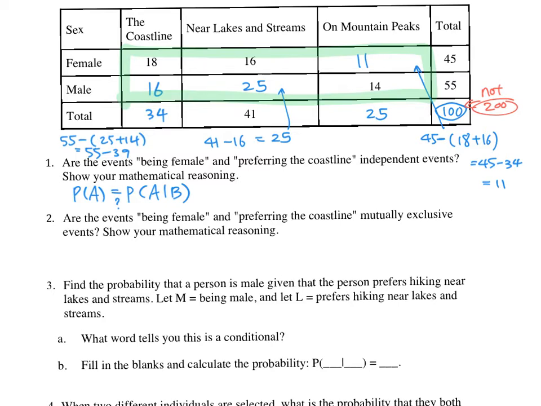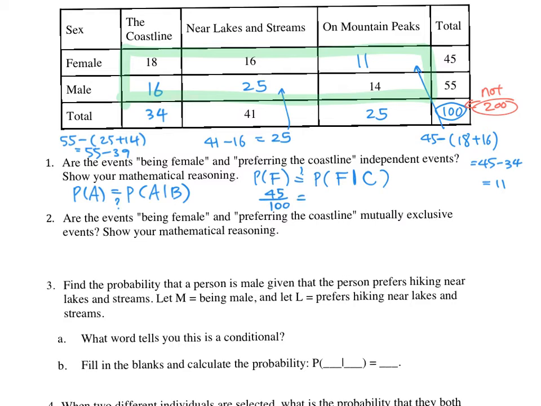We'll say they are independent if these two numbers are equal. So in this case, I'll rewrite female as F and coastline as C, so the probability of F given C. Let's calculate these two probabilities and see if they're equal or not. First, the probability of female is the first row. There are a total of 45 females here. So 45 over 100.